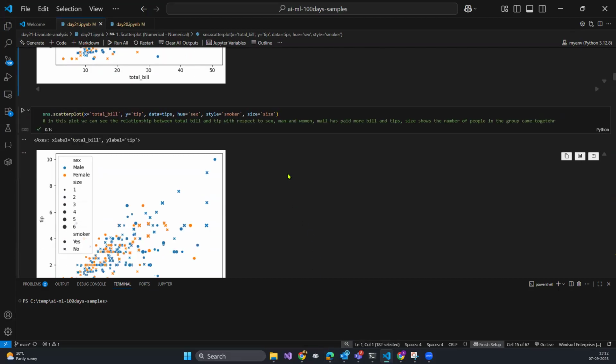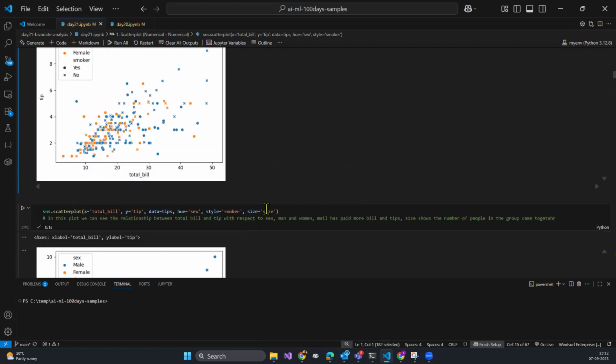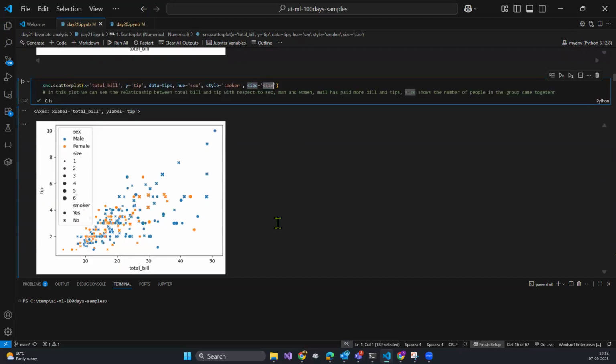Right. Now we also had size, right? Size was telling us how many people were dining. So if we would like to include it, we will be able to see size 1, 2, 3.